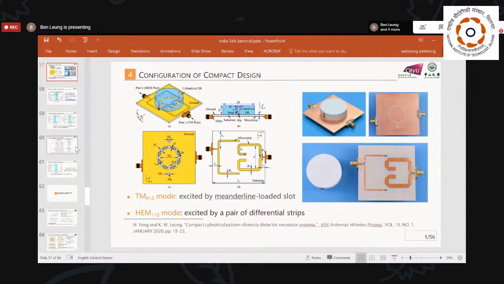You mean use the DRA to form a meta surface? Yeah. Meta surface.